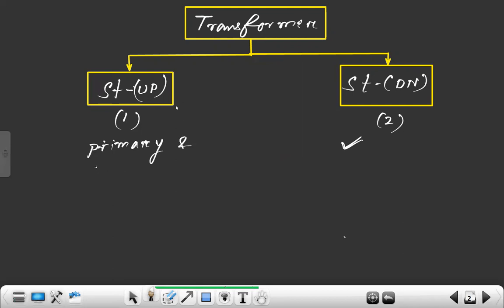Primary and secondary. Similarly, in this case, primary and secondary.